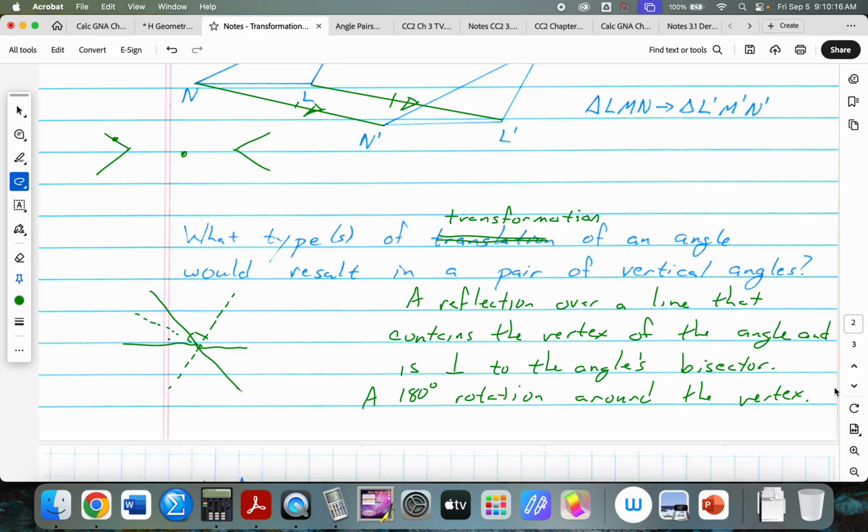That would also get you a pair of vertical angles.